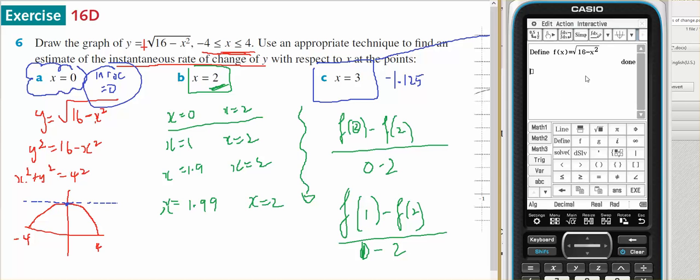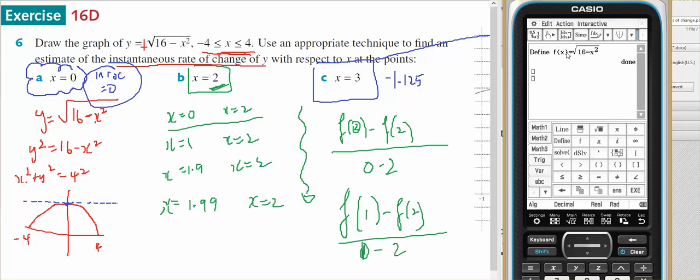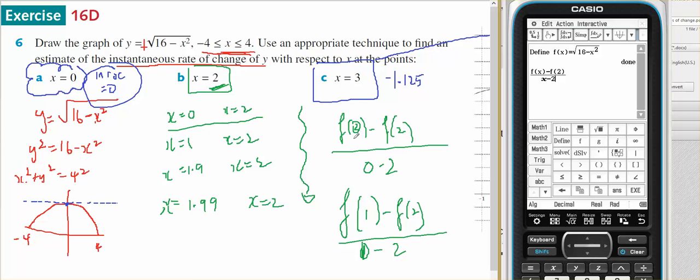So I'd like a rule which is f of x minus f of 2 over x minus 2, because x in the first case was 0, x in the second case was 1, x in the third case will be 1.9, then 1.99.